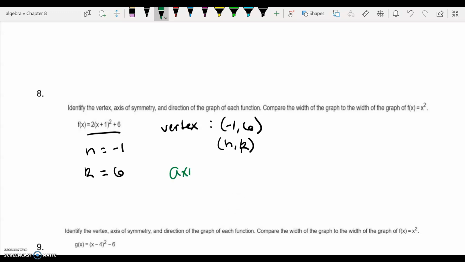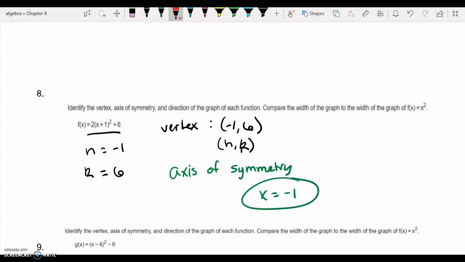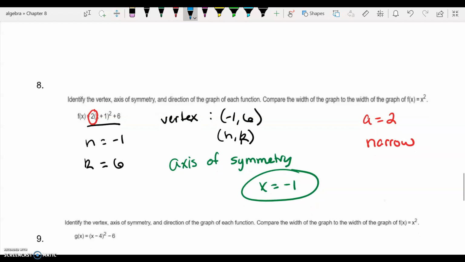Your axis of symmetry is based off the x value, guys. So x equals -1 would be my axis of symmetry. Now the width. If there's a 2 out front, that's your A. It's going to get narrow this time. And that's all the questions that we have for number 8.